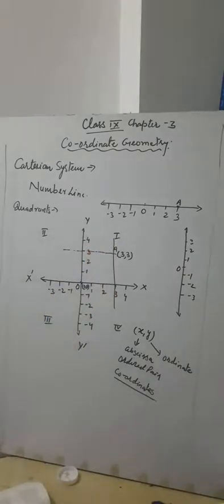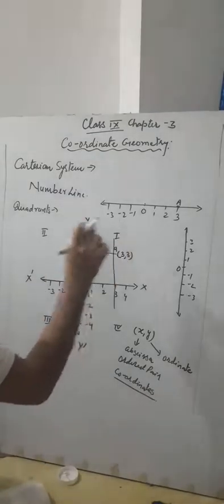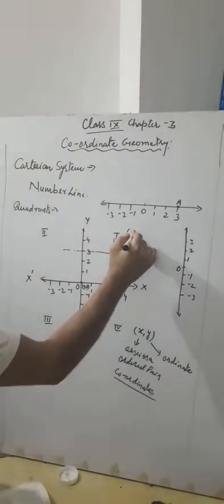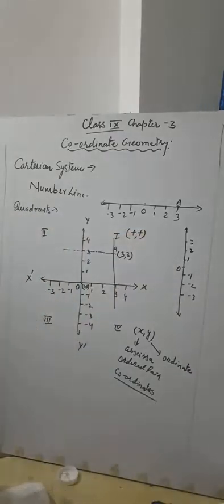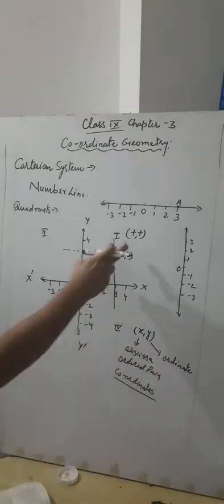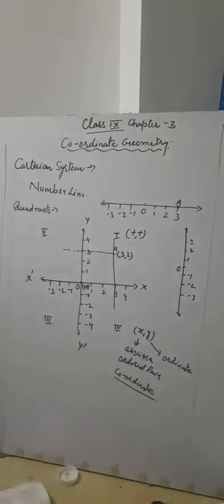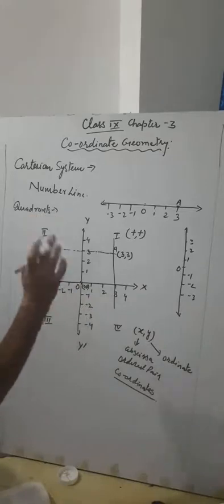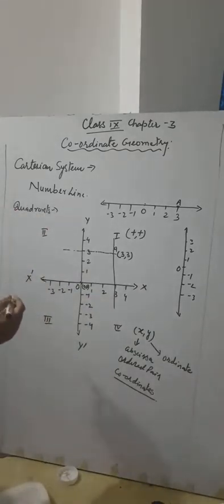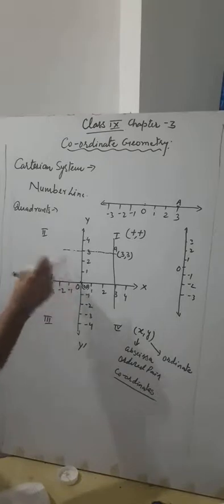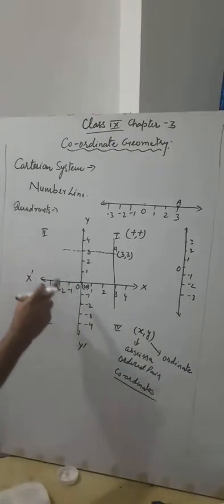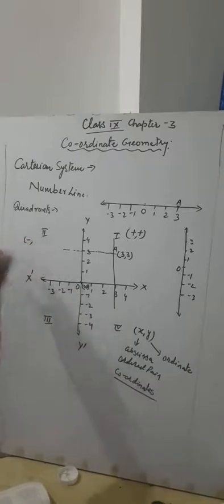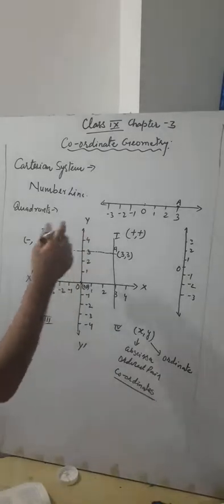And one thing is that this coordinate represents plus plus, means abscissa and ordinate both are positive, means this is the x, this is the y. So this is positive, this is positive. In the second quadrant the value of abscissa is negative and the value of ordinate is positive.